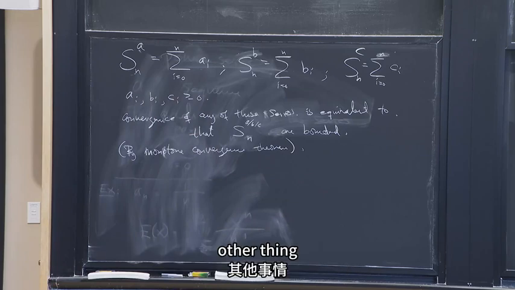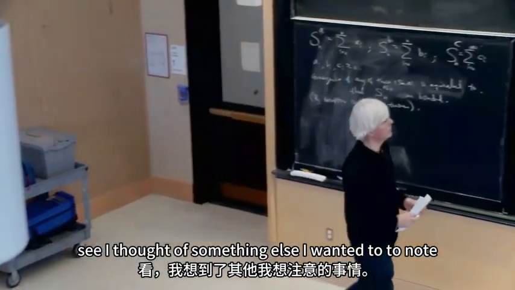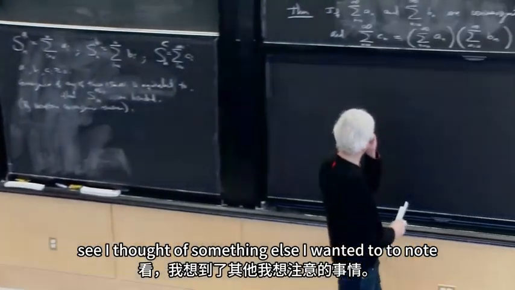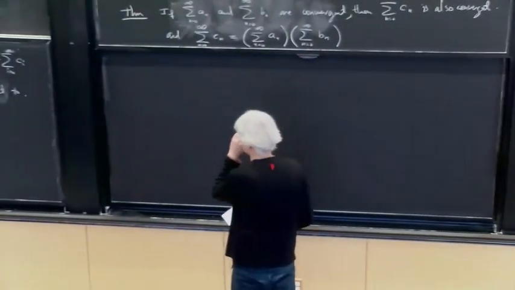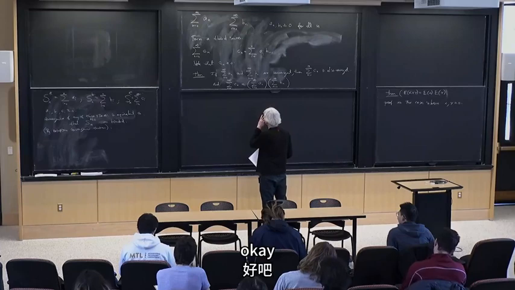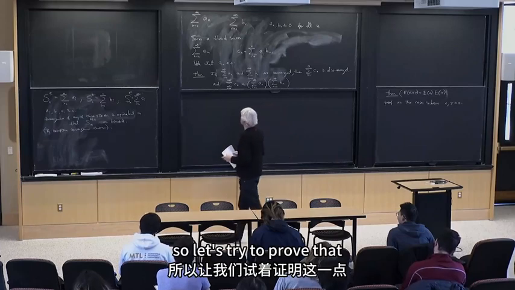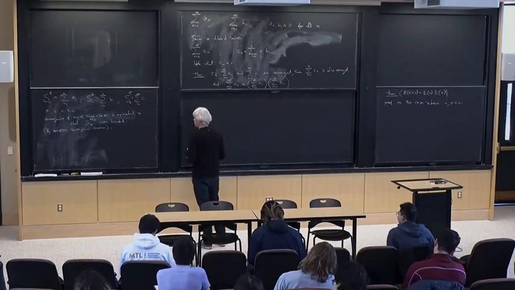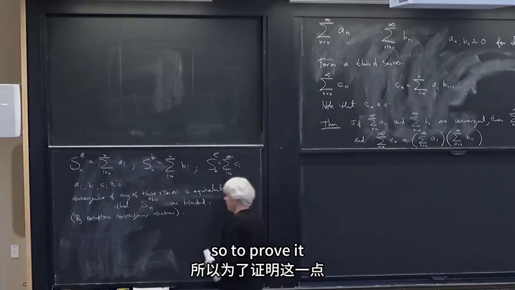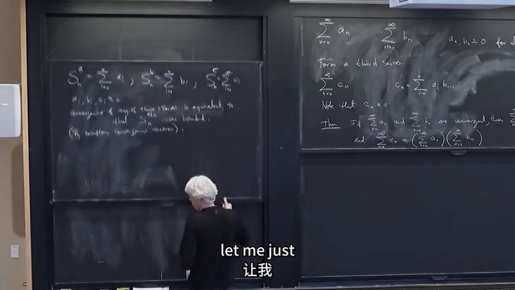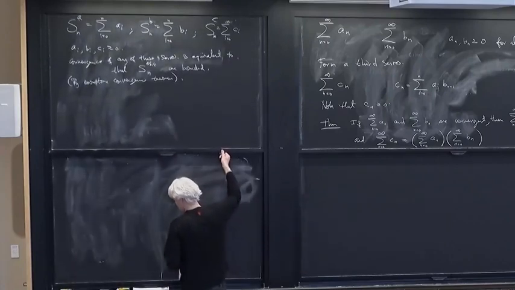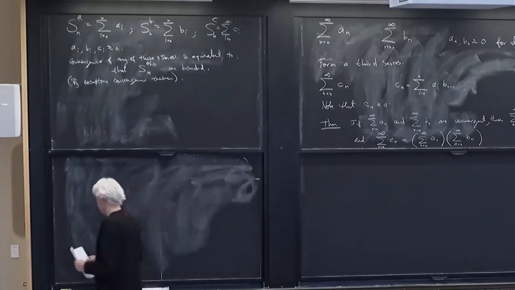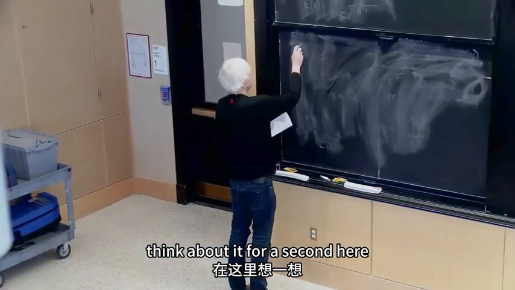The other thing, let's see, I thought of something else I wanted to note. Okay, so let's try to prove that. Let me think about it for a second here.